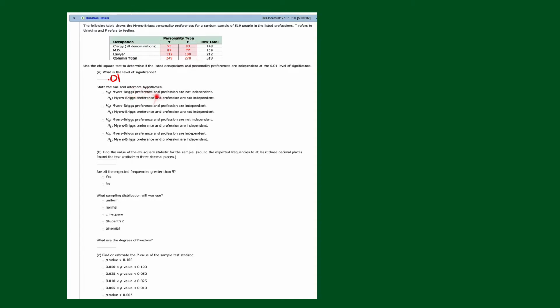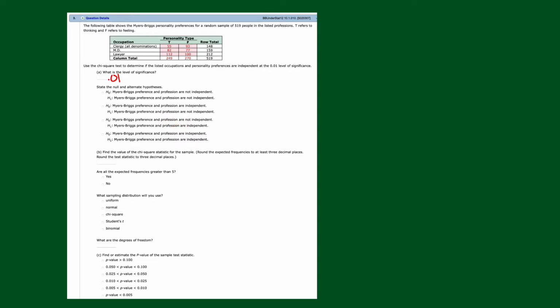Do any of these talk about independent? Well, the first one's not independent, so we can skip that one. This says Myers-Briggs preference and profession are independent. This says that they're not independent. Let's see. That looks like it could be. Myers-Briggs preference and profession are not.